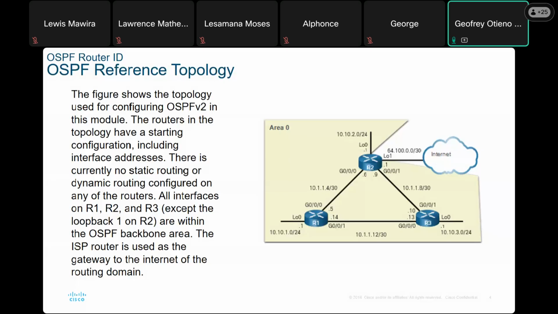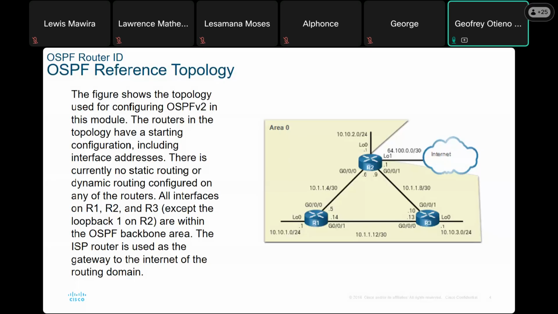That's the ISP. But the rest belong to the same area, or we're using the same area ID, including all the interfaces of each and every router that we have here. That's the most important bit, except the loopback on R2, because it's connecting to the internet. So it's not our own, so we might not have control of it.